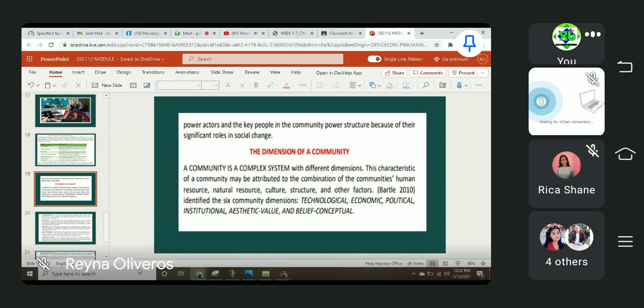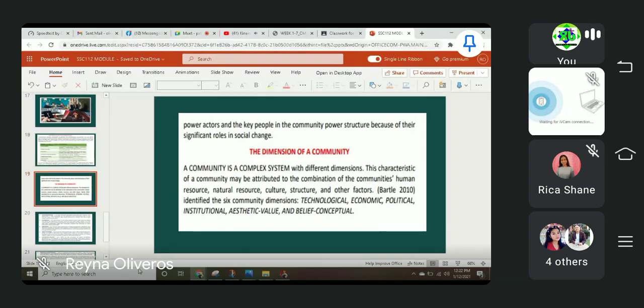So, let us see the different dimensions naman ng community. Okay? So, sabi dito, a community is a complex system because of the different dimensions. This characteristic of a community may be attributed to the combination of communities, human resource, natural resource, culture, structure, and other factors.